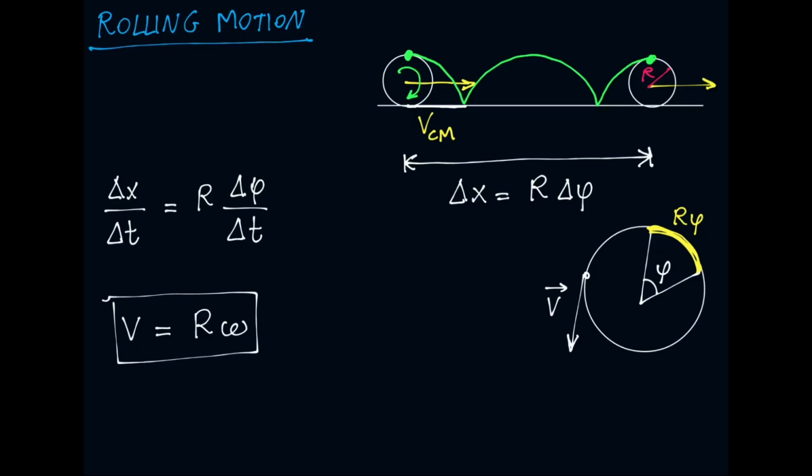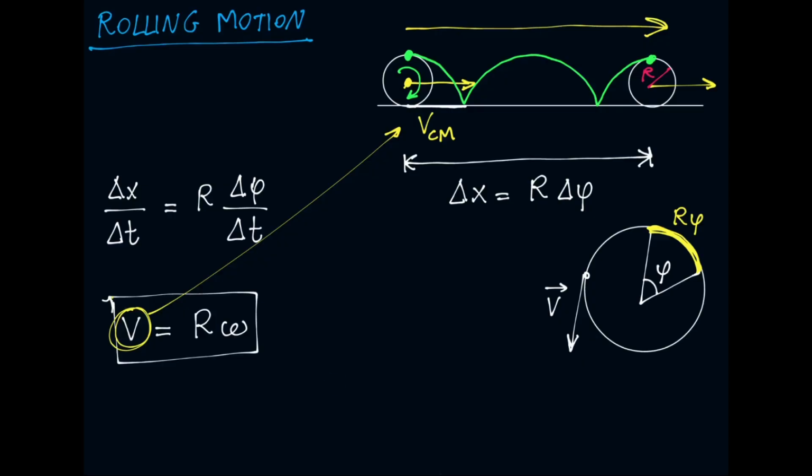And we discovered that indeed the speed was r omega. It was the radius times the angular velocity. This is a similar situation, but what we're talking about is that this v is the velocity at which the wheel itself, or rolling object more in general, is moving along, okay?